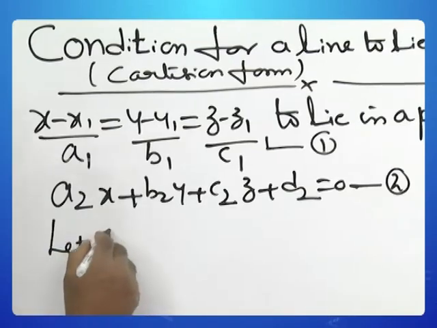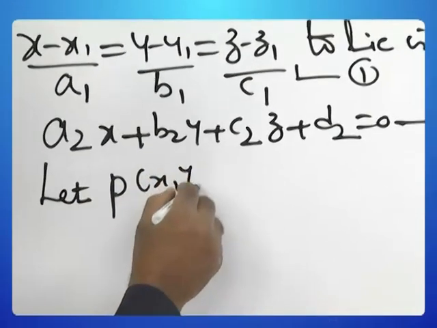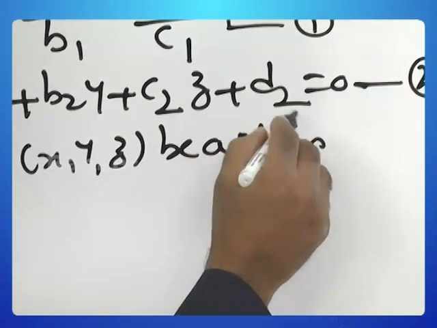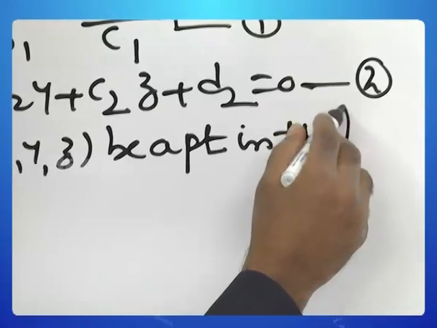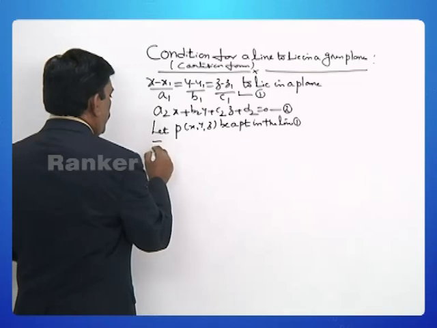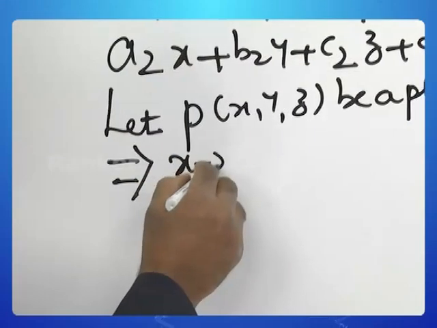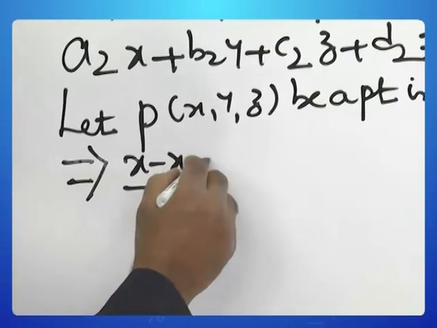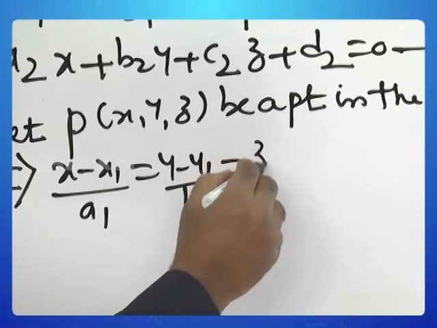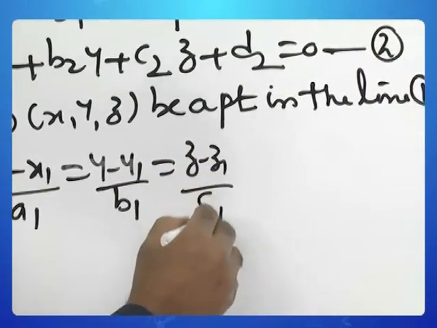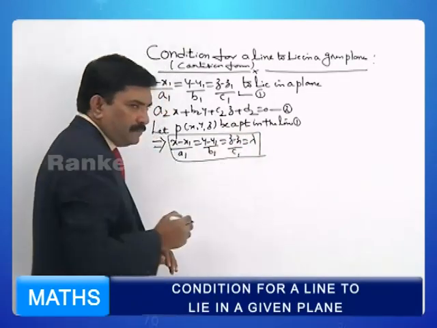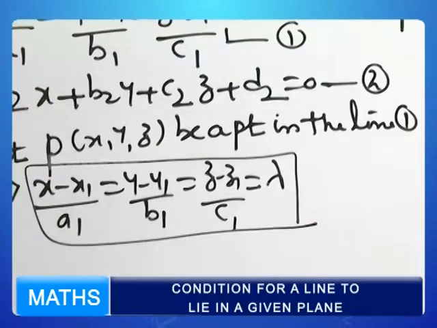Let P of x comma y comma z be a point on line 1, which implies (x minus x1) by a1 equals (y minus y1) by b1 equals (z minus z1) by c1. Take this equal to lambda, some parameter.